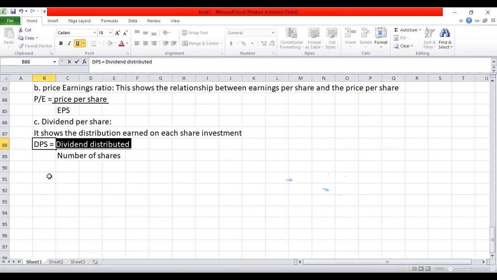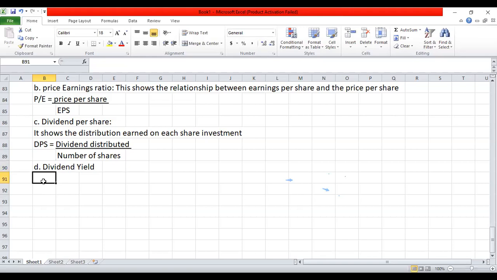Last but not the least is the dividend yield. I can't say these are the only measures, but at least we can talk about these ones.